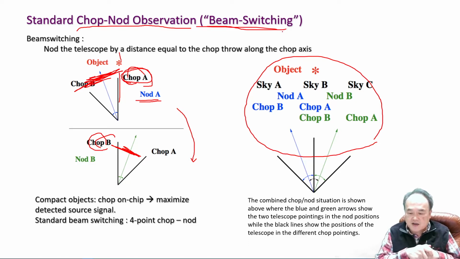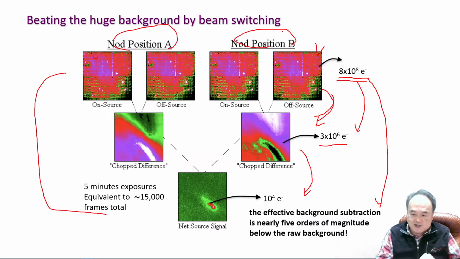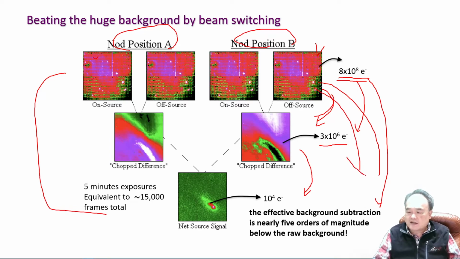Beam switching mode is unique to mid-infrared observation, and its purpose is to subtract this huge bright background glowing at mid-infrared, so that you can see the really faint science target from the night sky.